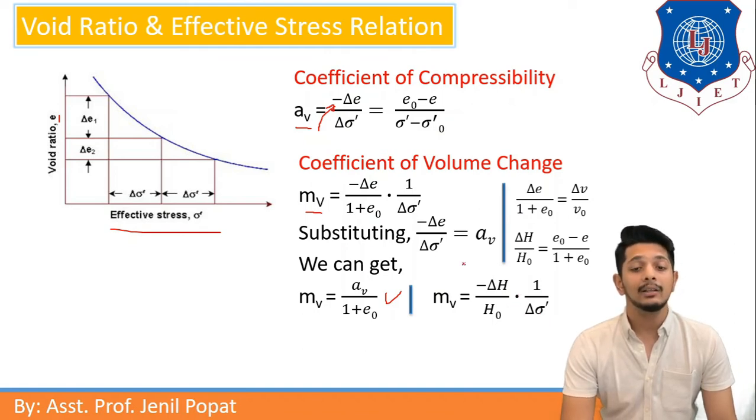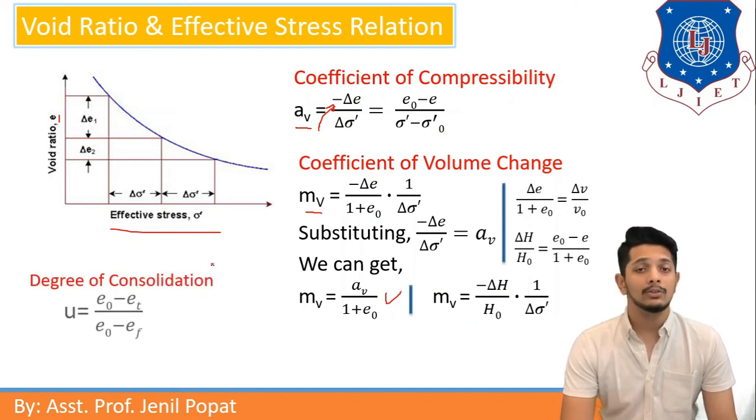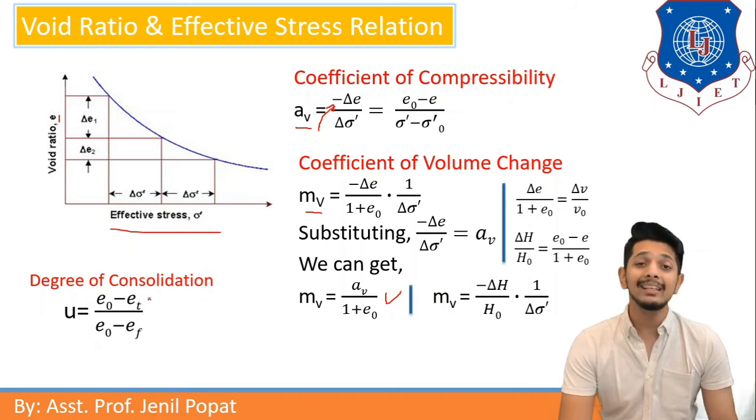It is nothing but in place of minus delta e upon 1 plus e0 we have put minus delta H upon H0. Furthermore, the degree of consolidation is also defined. Here e0 is the initial void ratio, et is the void ratio at time t, and ef is the final void ratio. So these are the formulas which will be useful for numericals also.